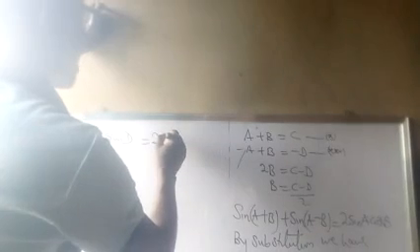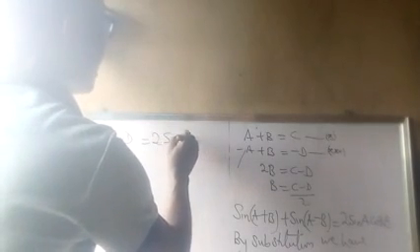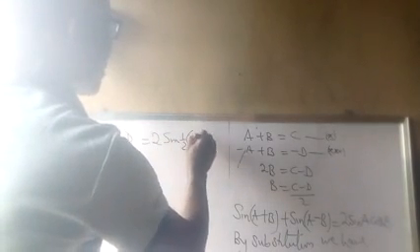Wherever you see A minus B, just put a D there. So we have sine C plus sine D is equal to 2 sine half into C plus D.